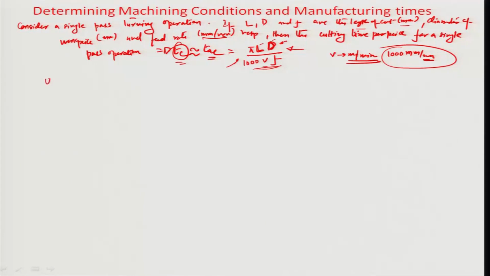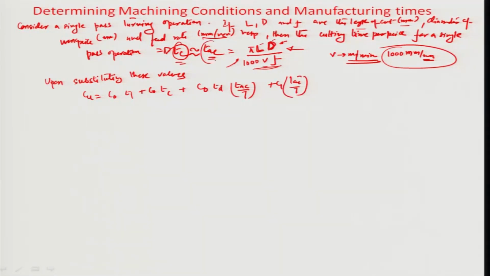Upon substituting these values as well as the tool life equation into the cost per piece equation obtained in the last slide, we get, as already defined, Cu equals C0 T1 plus C0 Tc plus C0 Td times Tac by T plus C1 Tac by T.